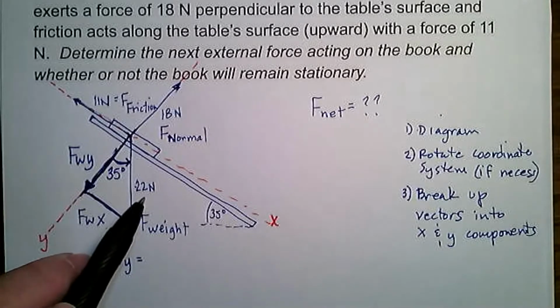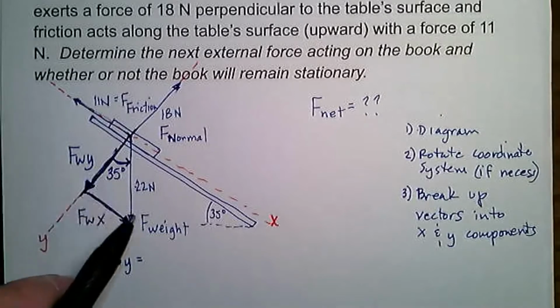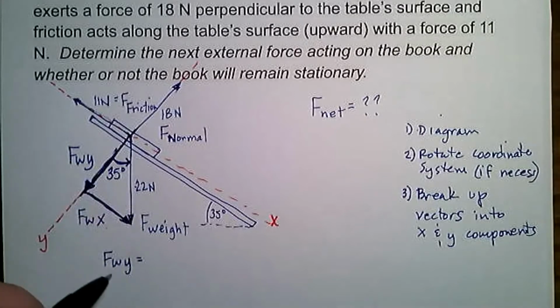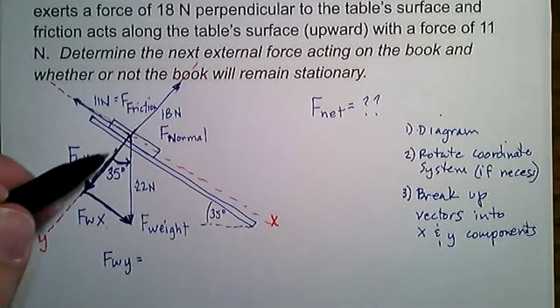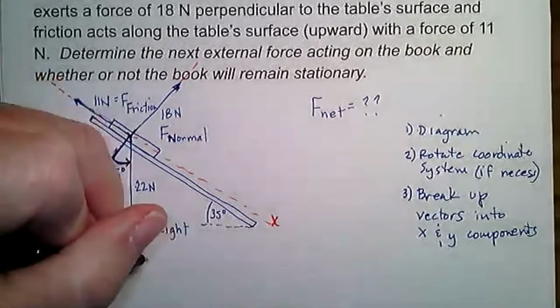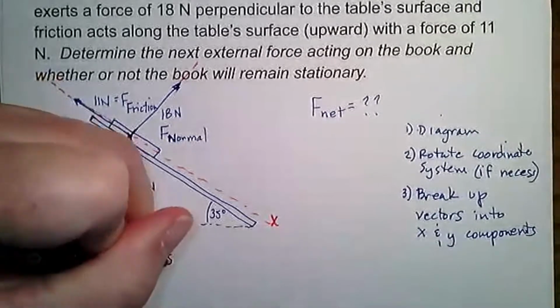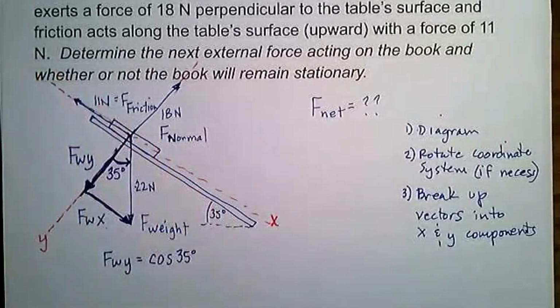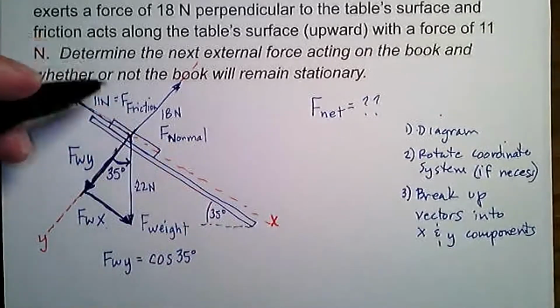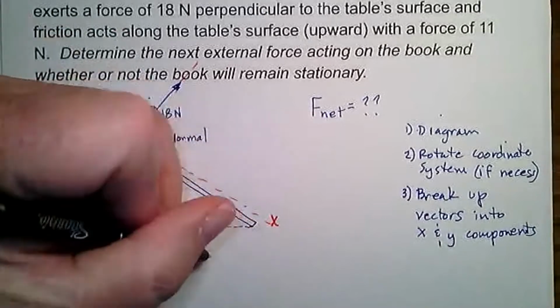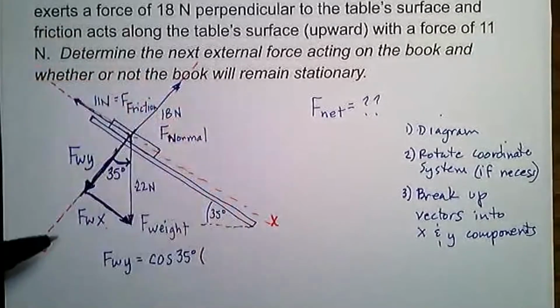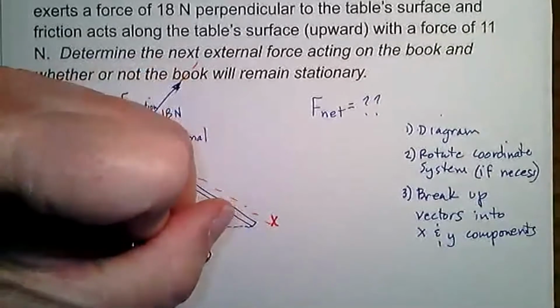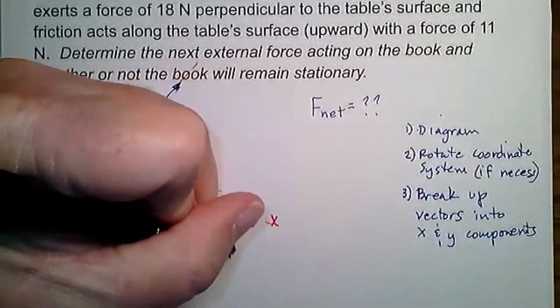Cosine equals adjacent over hypotenuse. If I rearrange that to solve for that adjacent side, it would simply be cosine of the angle times the hypotenuse, which we know to be 22 newtons.